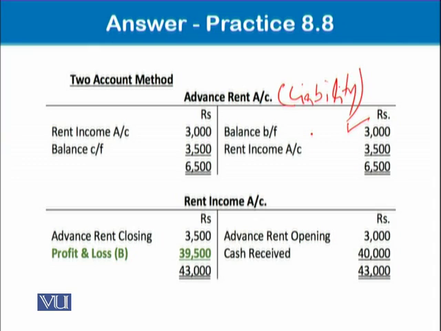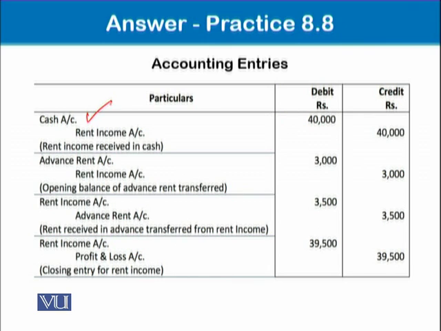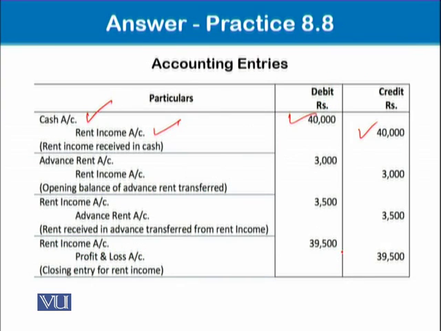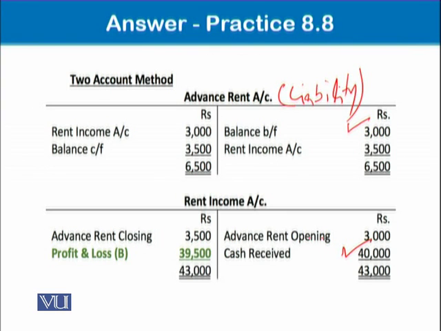So this will be a liability for this period. Well, so opening balance, and this is the amount of cash received. When we receive cash, we debit cash, okay, and credit rent income with this 40,000. Just see, this 40,000 cash received, we are putting on the credit side of rent income.